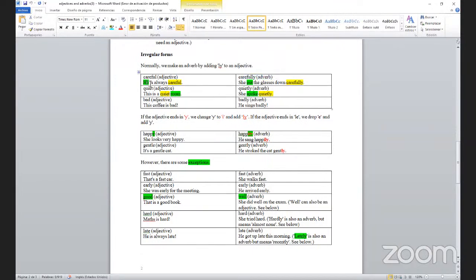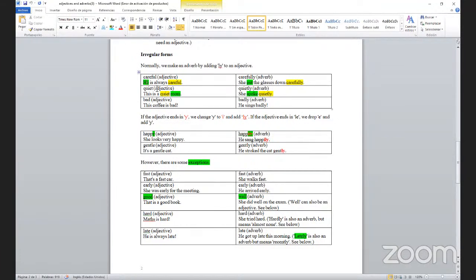For example, he is always careful. So I am qualifying the subject, the noun, the pronoun. But if I say, she put the glasses down carefully, I am describing the way, the verb, the action, how she put the glasses down. Adverbs describe the action. Adjectives describe the pronoun.